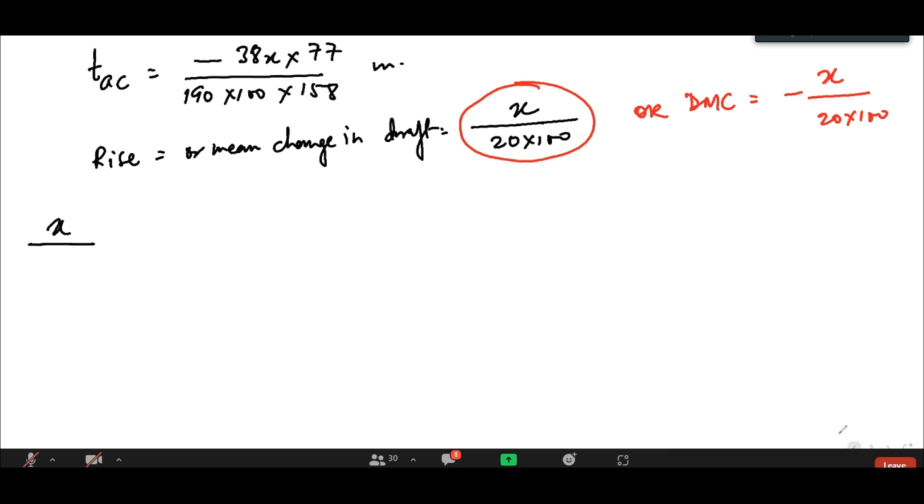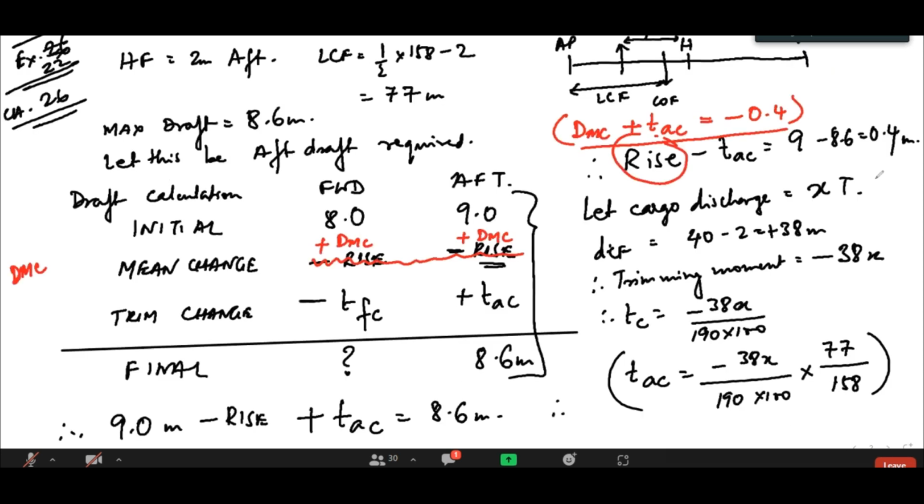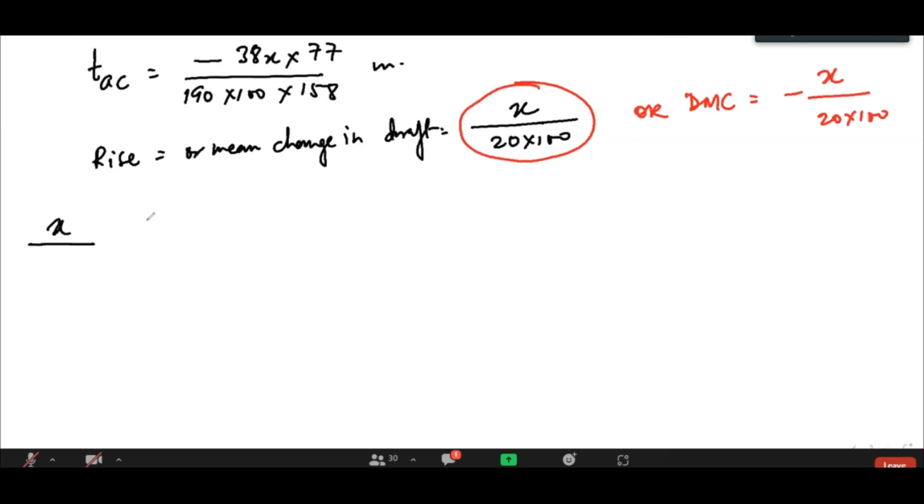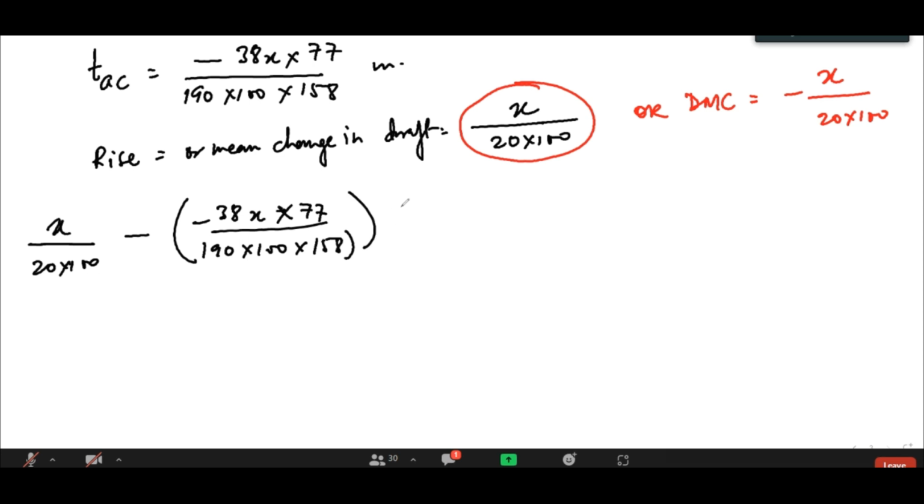So I'm going to solve first by using this one here. ये जो पहले जो equation हम लोग लिए थे, rise minus TAC. So rise x by 20 into 100 minus of minus 38x into 77 by ... is equal to 0.4. This was our equation.